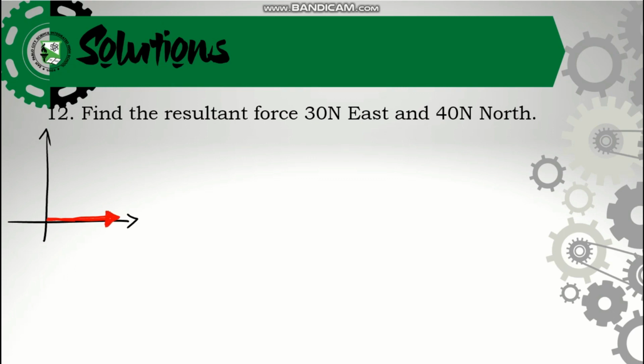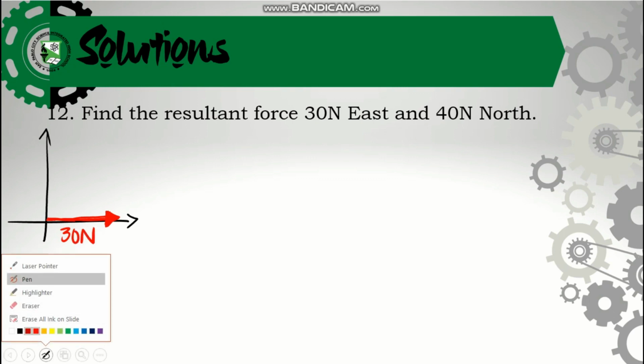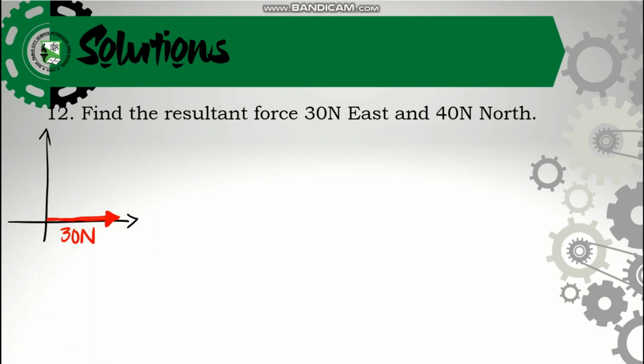Kung gusto nyong unahin si 40 Newton or si 30 Newton, it doesn't matter. Parehas pa lang din yan ng graph na ipapakita. Pero para hindi kayo masyado malito, why not use the first one given? So in my case, I choose to draw the first one, which is 30 Newtons.